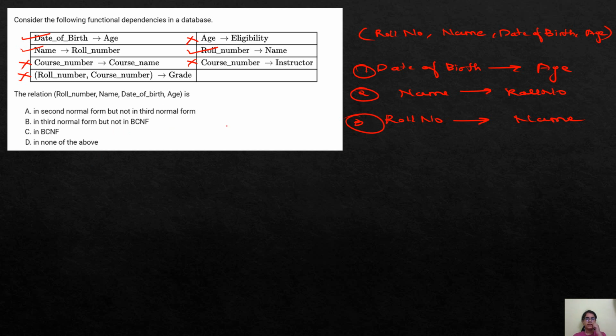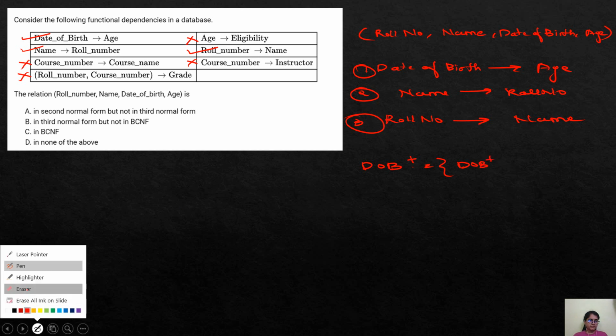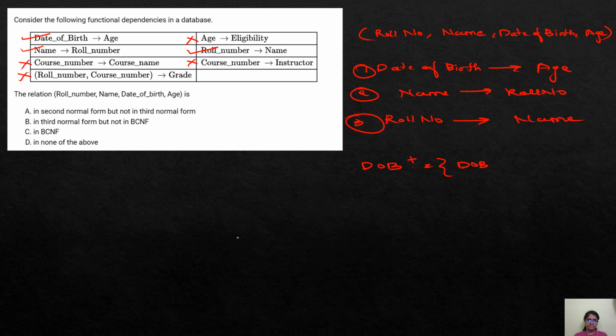we have to calculate CK, which is candidate key. So let's calculate CK. If we take the attribute closure of date of birth, we can derive itself, and age we can derive.